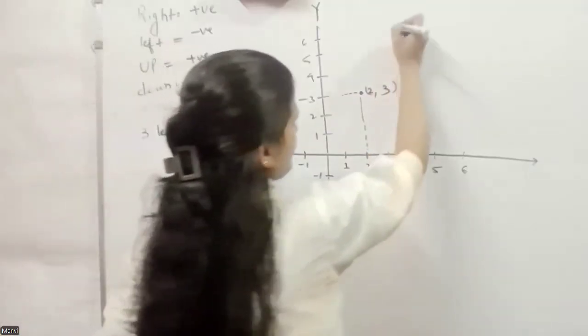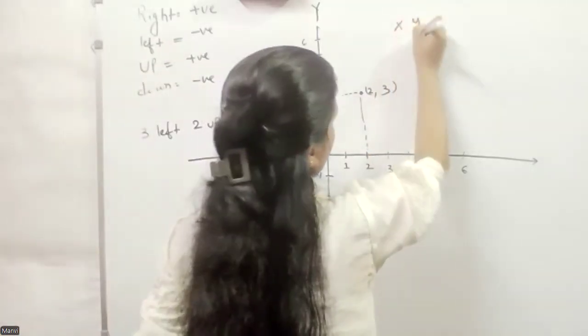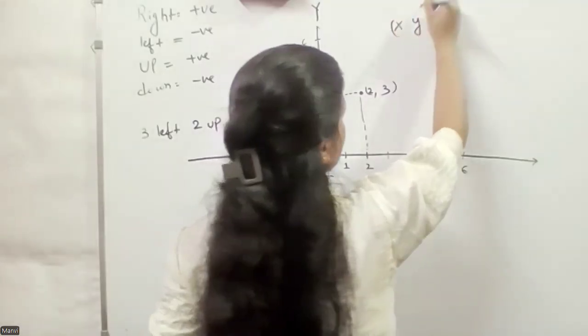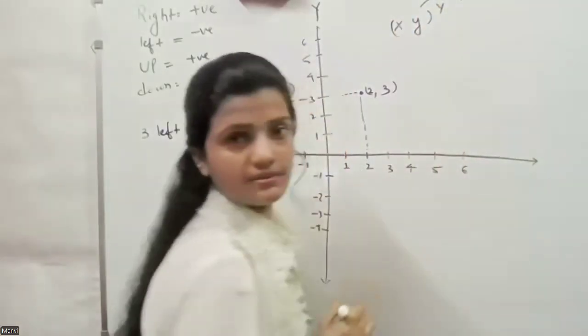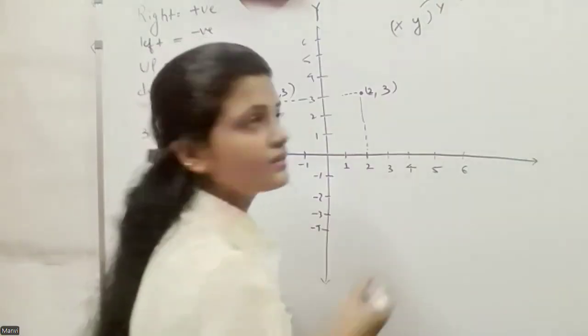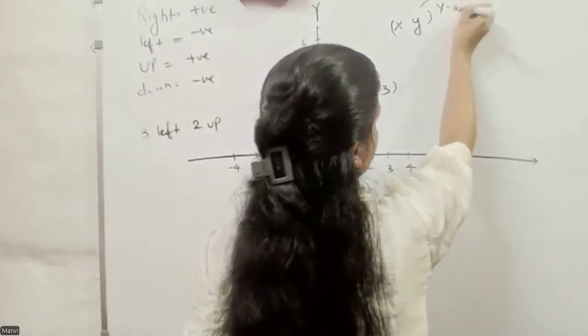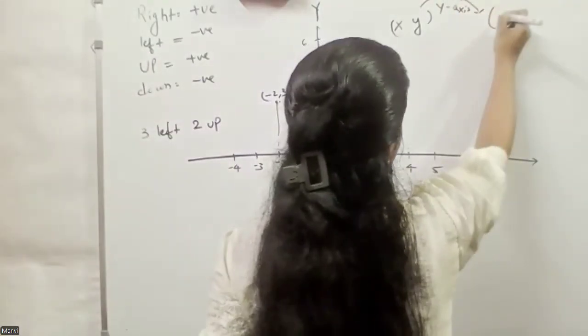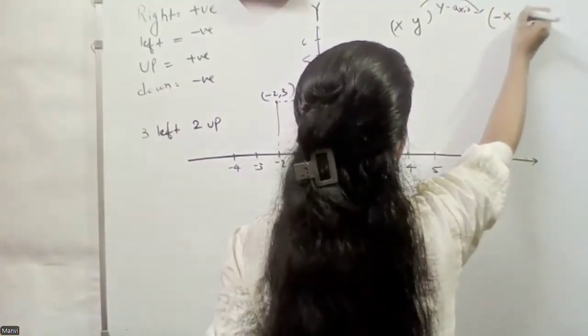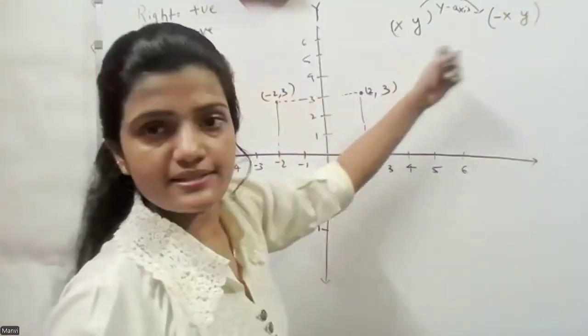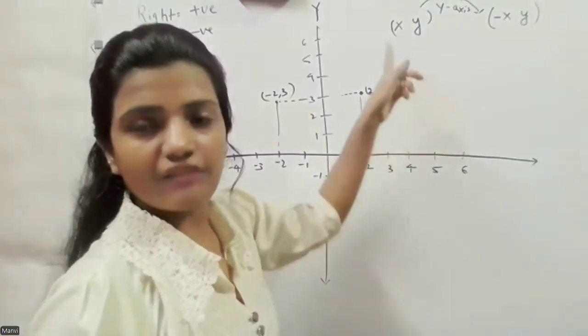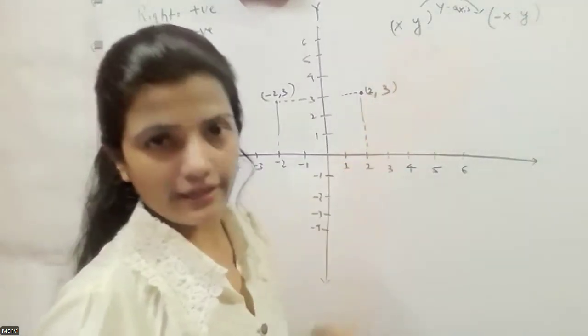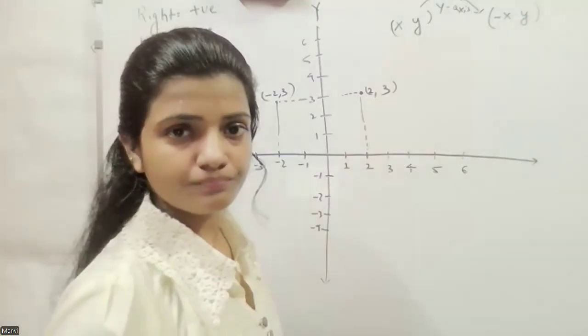For example, if we have any x and y, and this is reflected in the y-axis, then it becomes minus x and y. Because y stays the same and we just need to change the value of x. Okay?